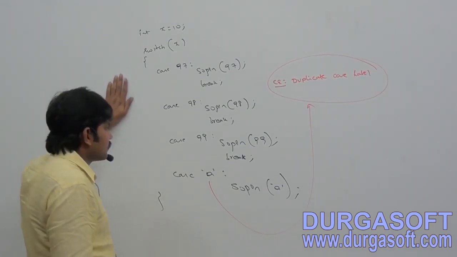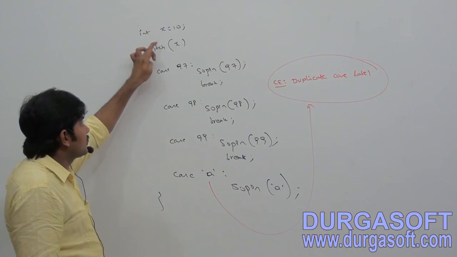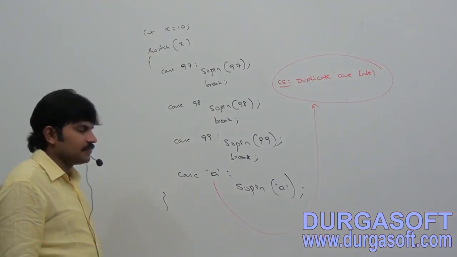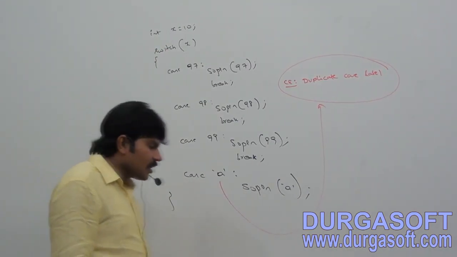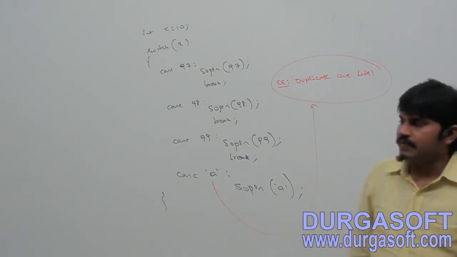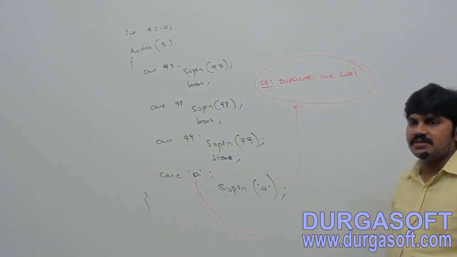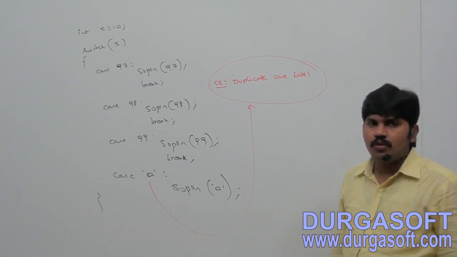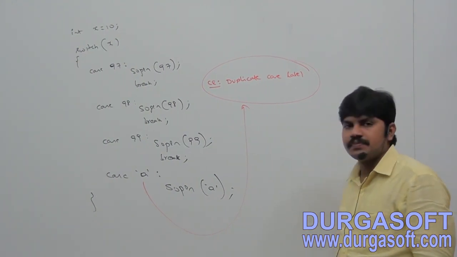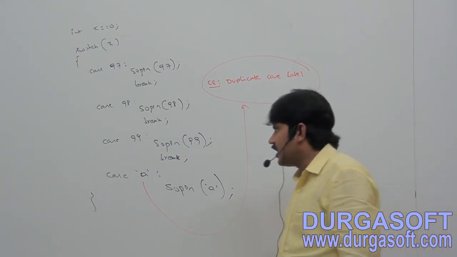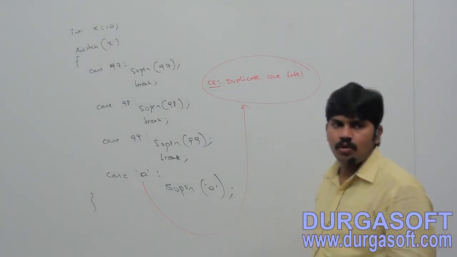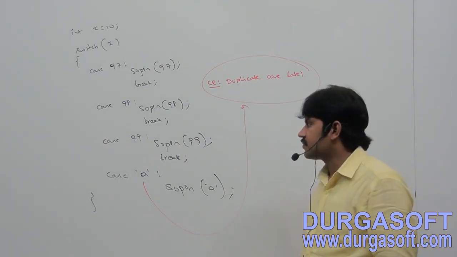Okay, take this one. Example: int x is equal to 10. Switch off x. Case 97, SOP of 97, break. Case 98, SOP of 98, break.